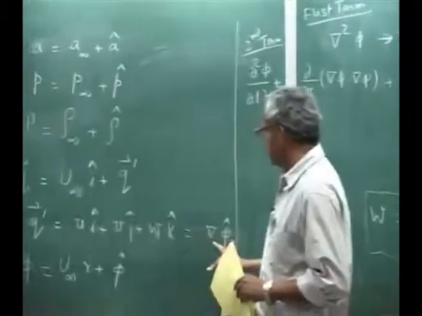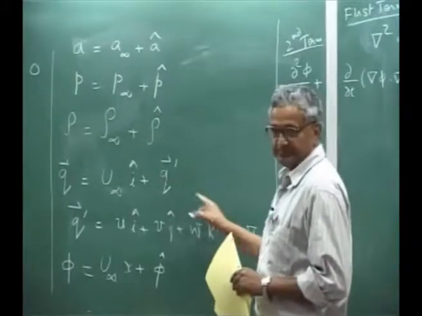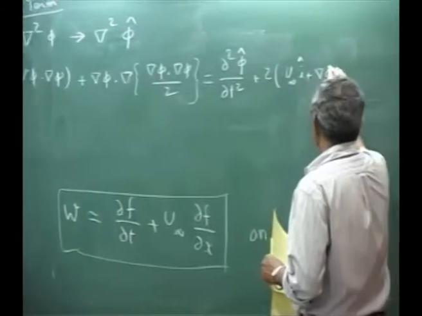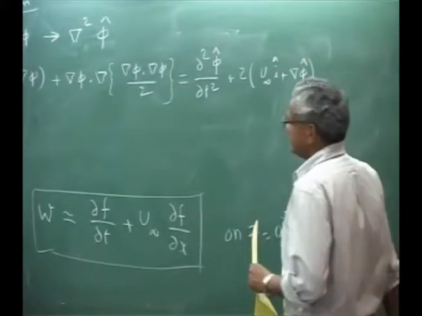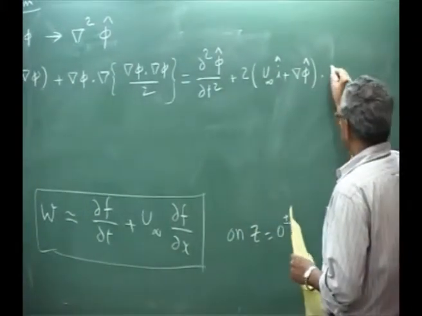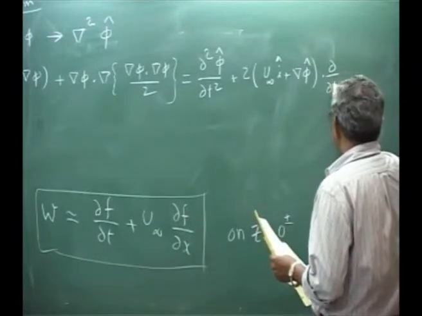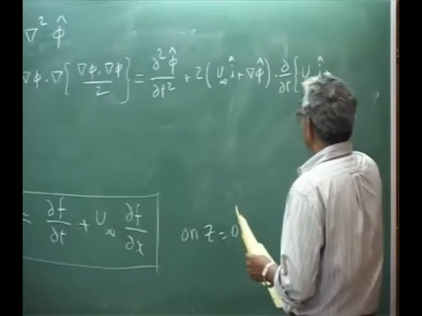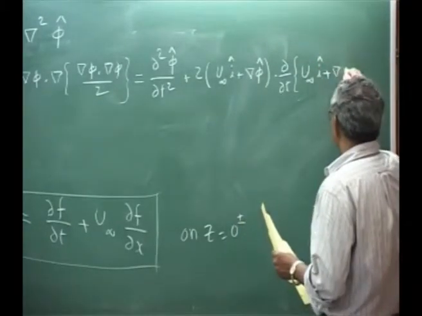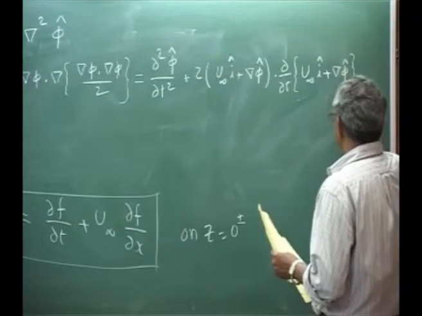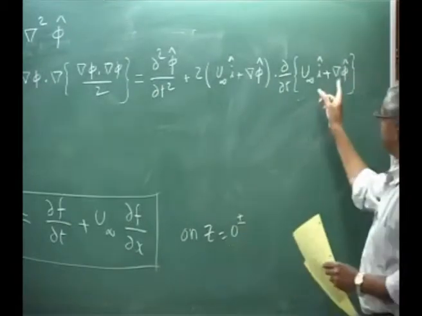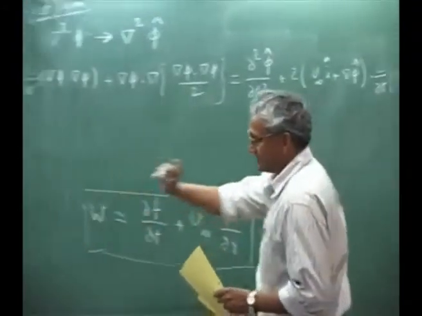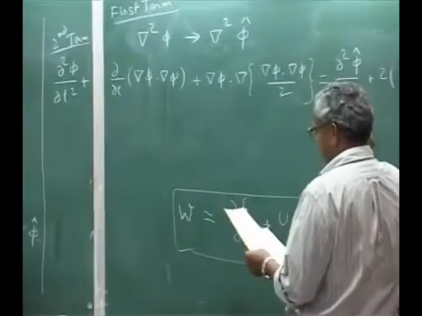Q prime is del phi hat, so I am going to put plus del phi hat dot delta by delta t of u infinity I plus again del phi hat. That is this term. Then you have to write the last term, which is plus del phi dot del of del phi dot del phi over 2.